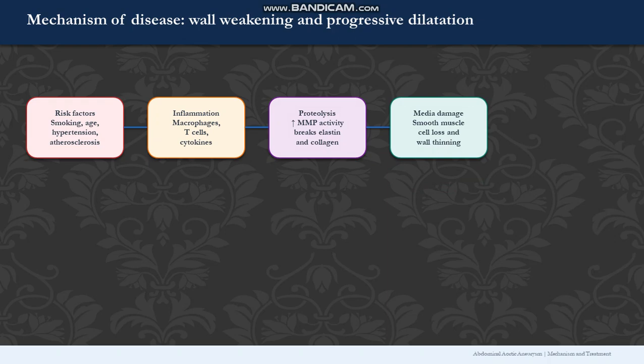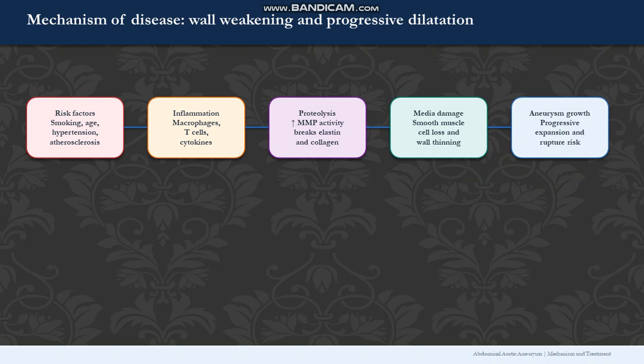Females have very important hormones that are protective, protecting both the cardiovascular system and the abdominal aorta from rupturing.